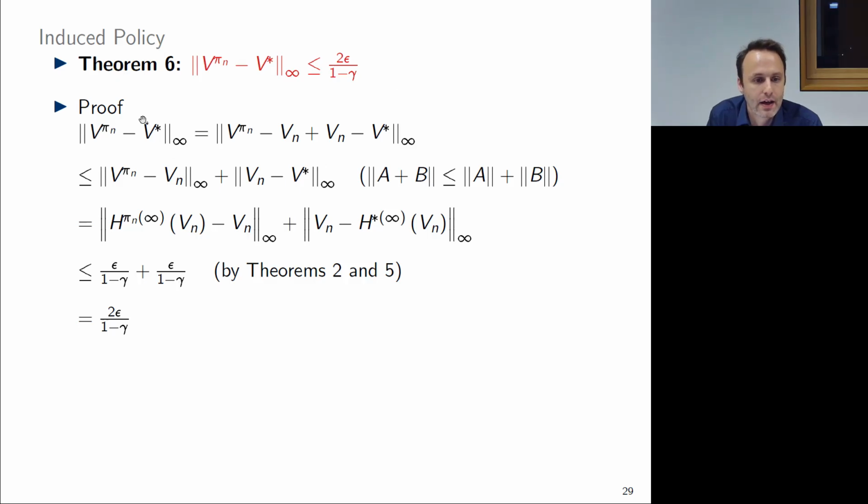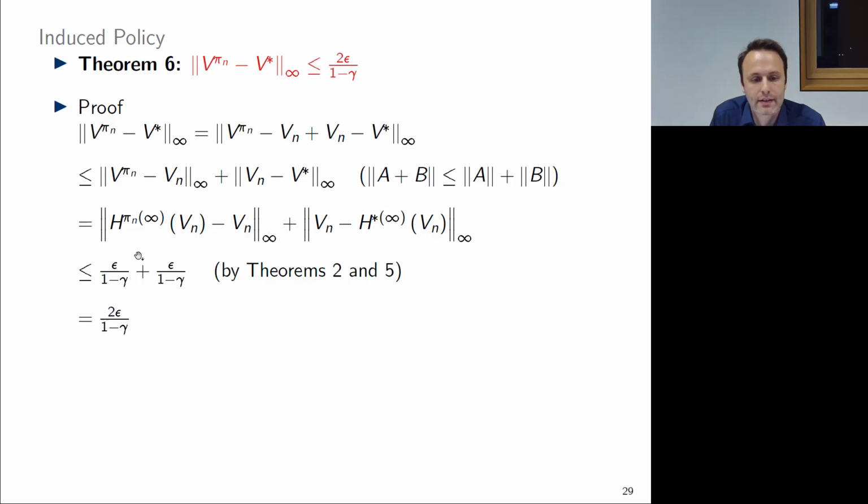And the proof is that if we use this definition, we can actually expand this by adding and subtracting this Vn, and then we can rewrite this with this rule that we have here, and then also apply this policy evaluation operator.